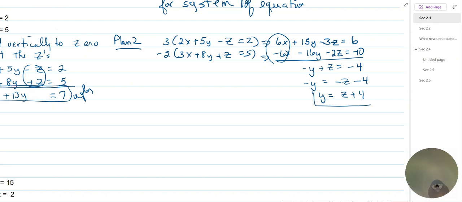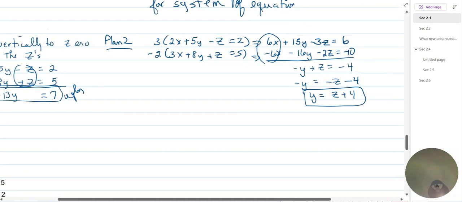This is a solution, but we're not done yet. So we're going to drop this identity in place of y to figure out what x is in terms of z. Okay, so here we go. So in substituting, I'm going to place that into that information. So let's see what we can do there. And I'm going to do it in, say, the first one.